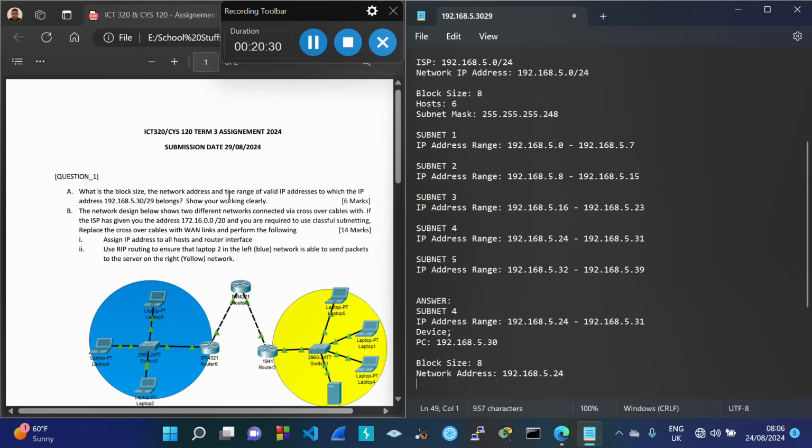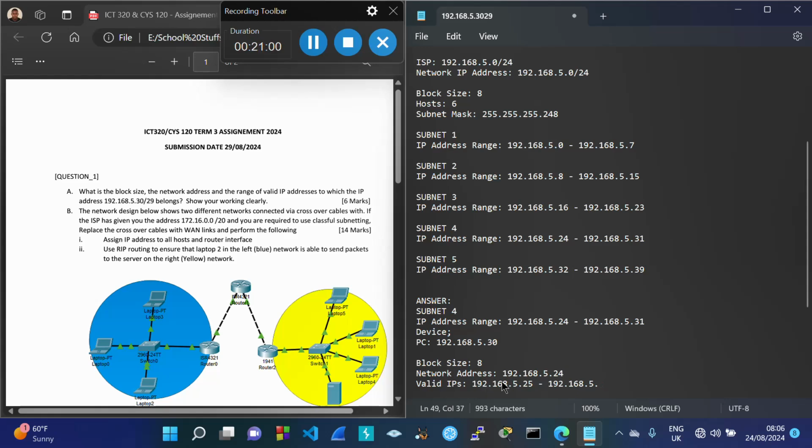Then the range of valid IP addresses to which this IP address belongs. So valid IP addresses. In this case, since we know we cannot assign .24 because it's a network address, it means we can start at 25, then 2.